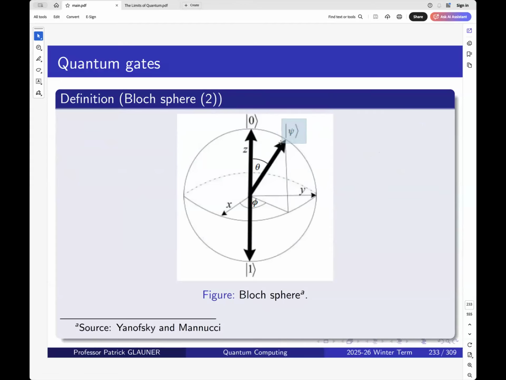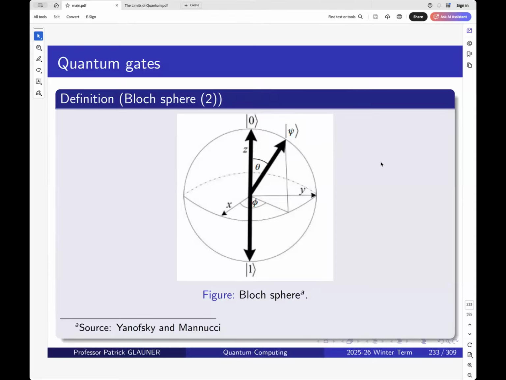What do you think is the most likely result of the measurement when I measure my psi cat? Would I get a 0 or a 1 cat? You can guess in the chat, because the measurement would turn my quantum state into a classic state. So what do you think if it looks like this? Most likely I would get a 0.